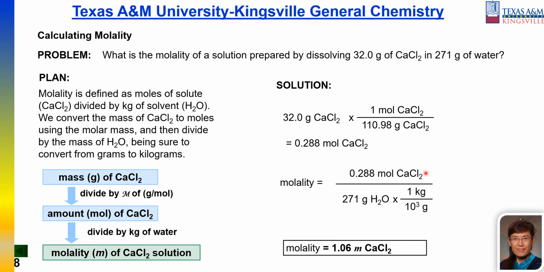Molality equals the moles of calcium chloride divided by kilograms of water. You use your 271 divided by 1,000. So you determine the molality, which is 1.06 smaller m, because moles per kilogram.